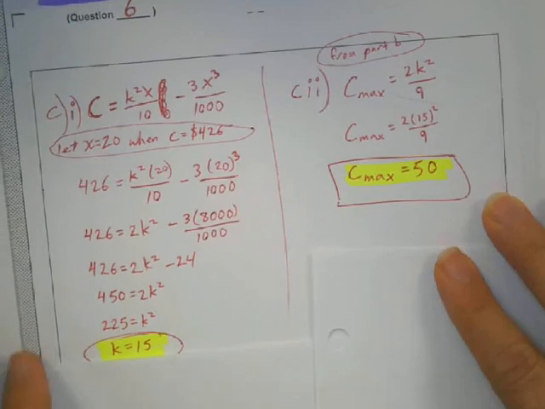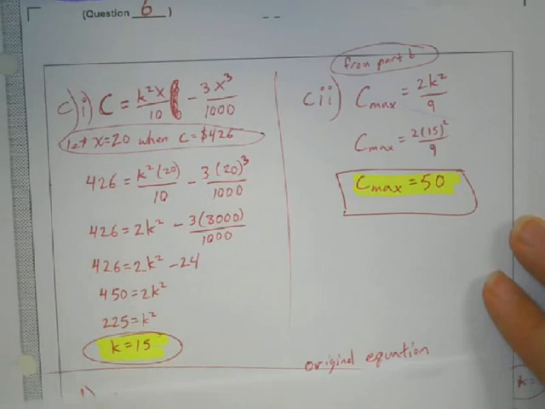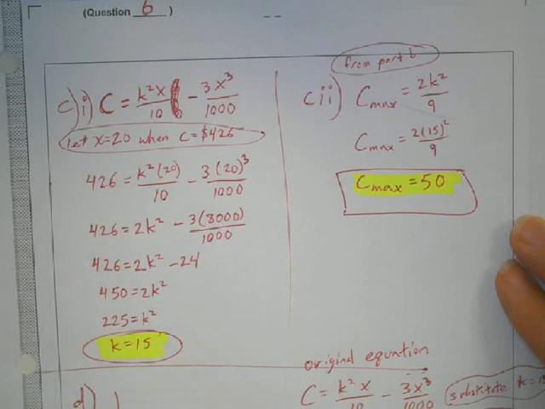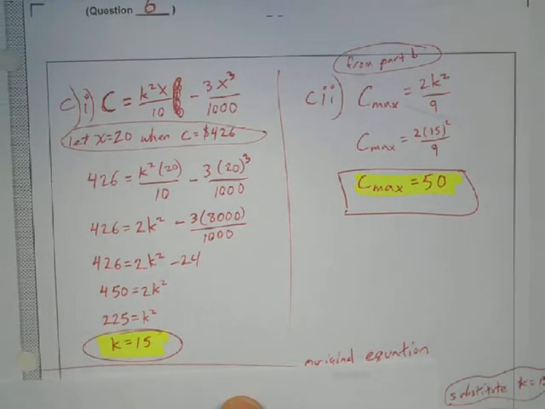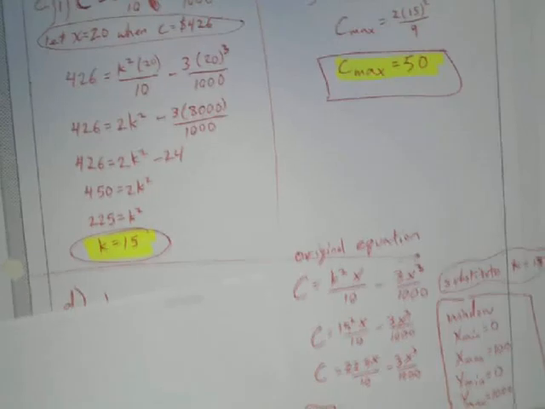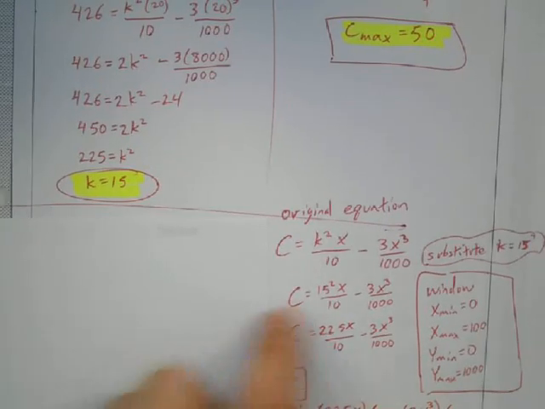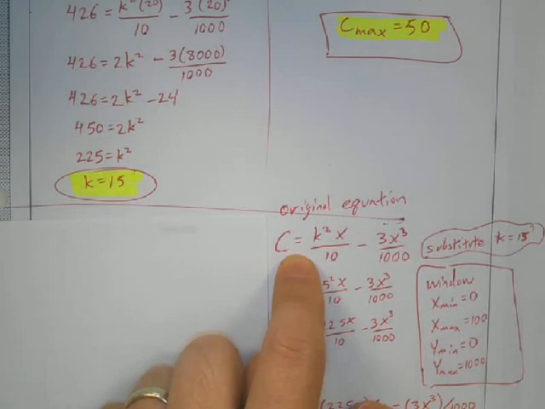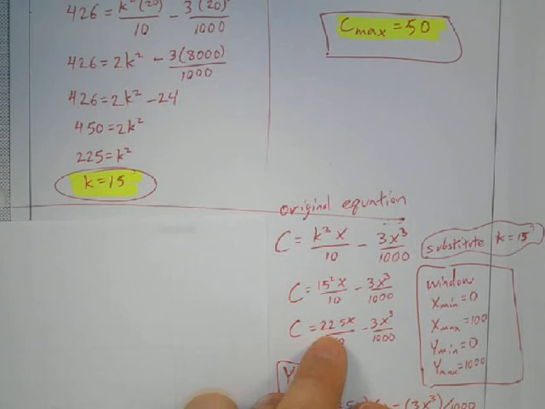So in order to sketch this, I needed to rearrange the equation. So here's the original equation, right? And now we know that k is 15. And so I simplified this with k being 15.